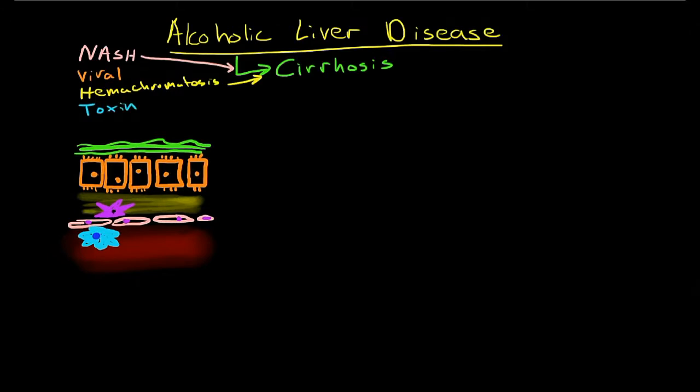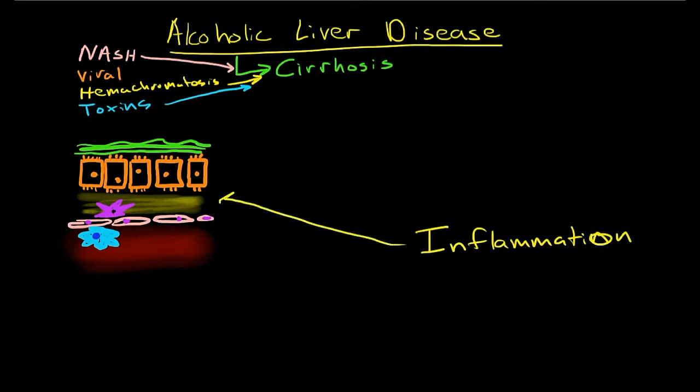There are other things that can lead to cirrhosis, and they share many aspects of the pathophysiology in common. The major thing that they share in common is that there is inflammation of the liver, and in particular inflammation in the space of Disse.